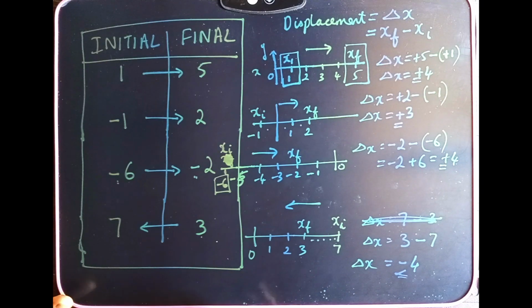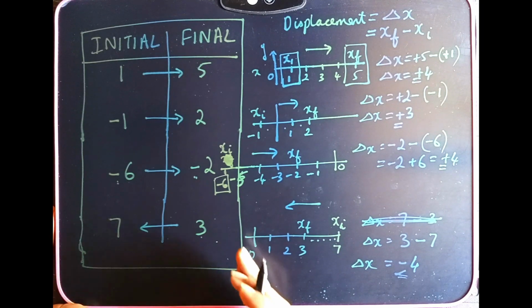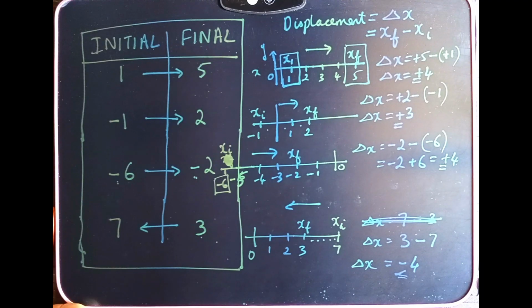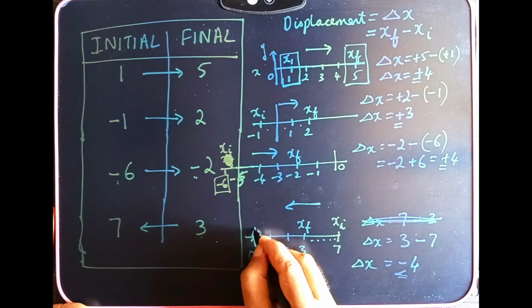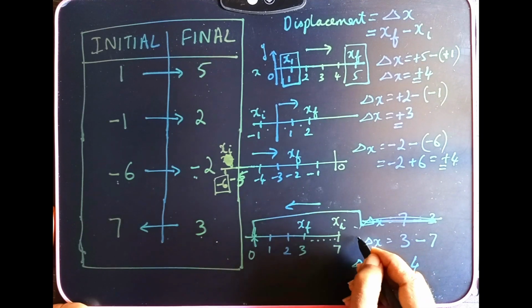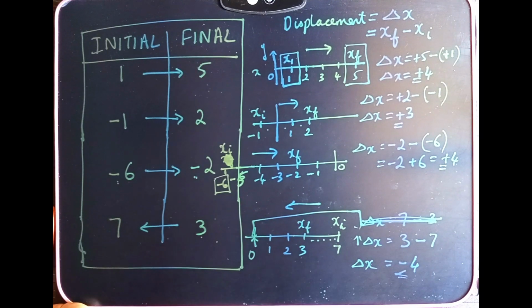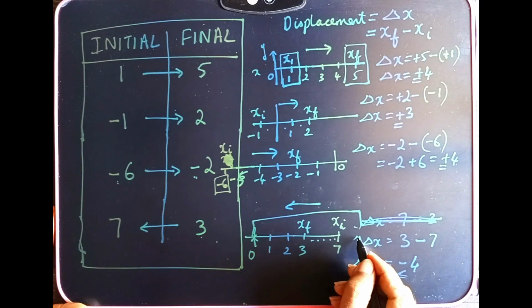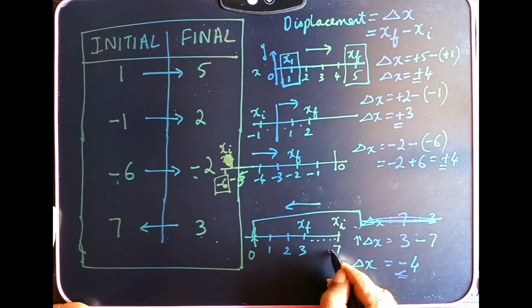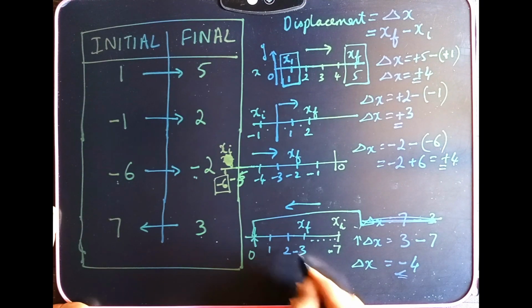So now if you change the origin, what happens? In this particular case, you assume the origin this way. What happens if the origin changes and moves here? If the origin moves here, then the value of 7 will take minus and the value of 3 will be minus.